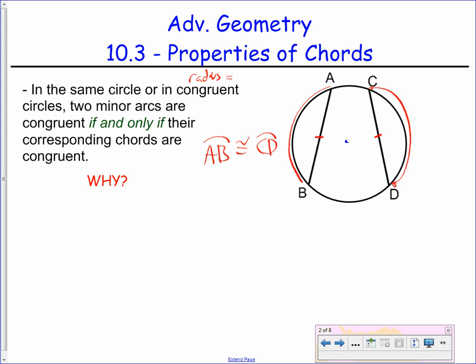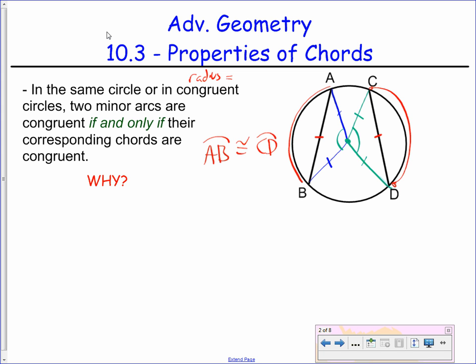So I'm going to draw in the center of the circle. I'm going to draw in a radius to B. I'm going to draw in a radius to A. Radii are congruent. Then I'm going to do the same thing, a radius to point D and a radius to point C. Those are the same radius. So if you look at these two triangles are congruent because of side, side, side, which means corresponding angles are congruent.